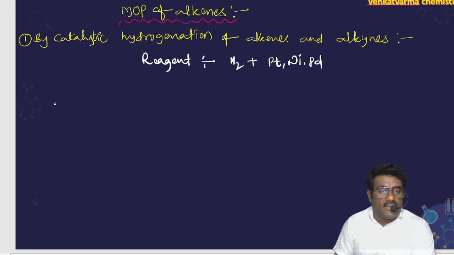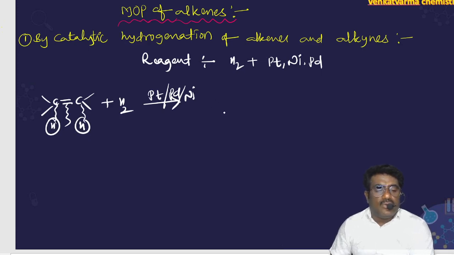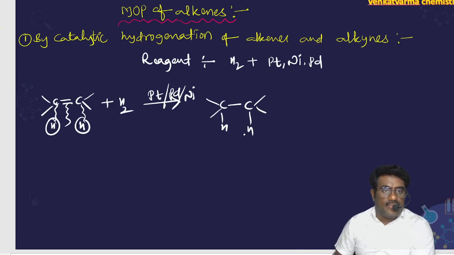For example, a carbon-carbon double bond, which is an alkene. Alkene hydrogenation in presence of H2 gas and platinum, palladium or nickel metal. What happens? The pi bond breaks, and hydrogen is added to form a carbon-carbon single bond, an alkane.